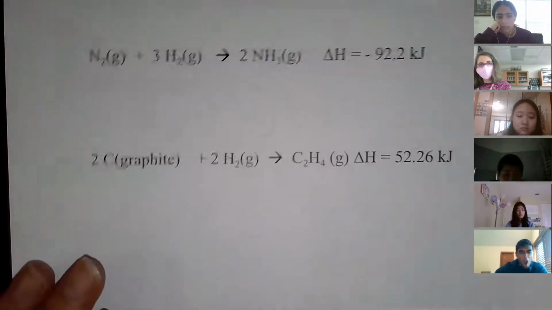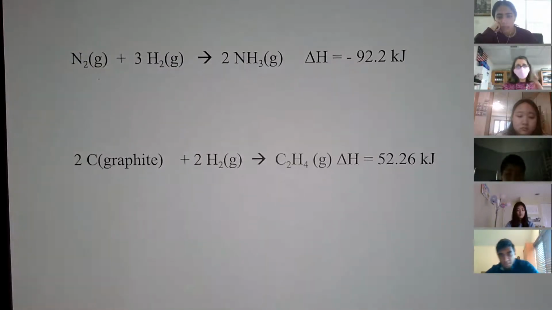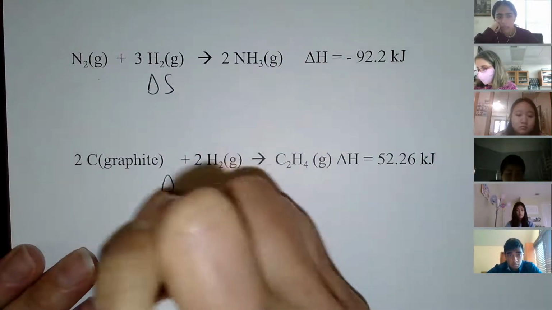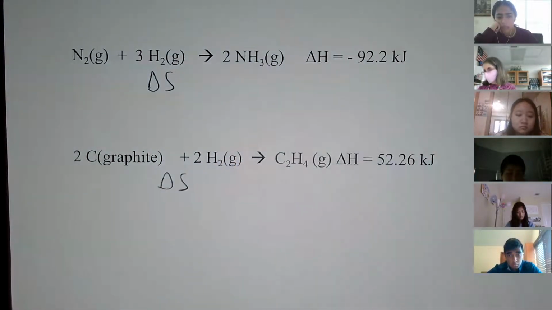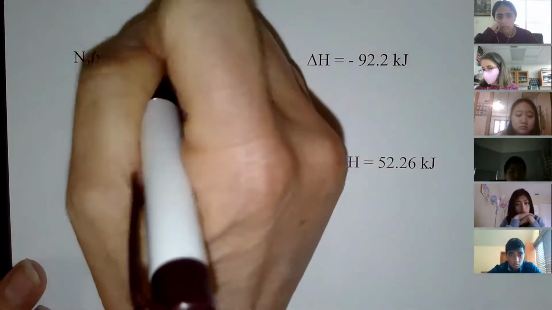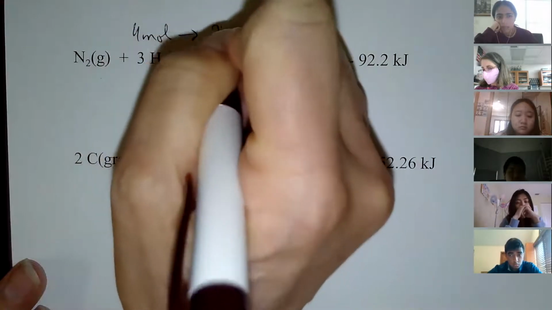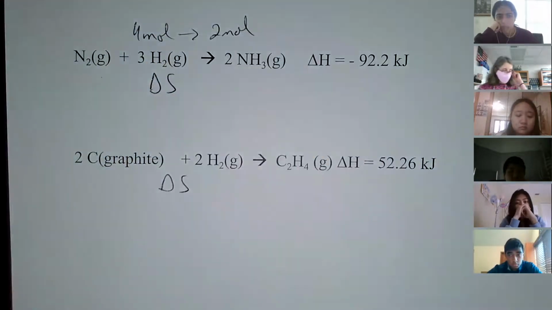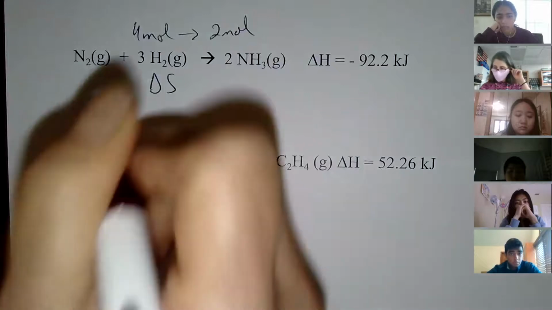So for the examples I gave you in the notes, depending upon the information given, you're either going to determine the delta S by looking at the equation, and look at the delta H to see if it's positive or negative, and then from there determine if the delta G is such. So with this example, I have all gases. I have 4 moles going to 2 moles, so my delta S is going to be a negative value.